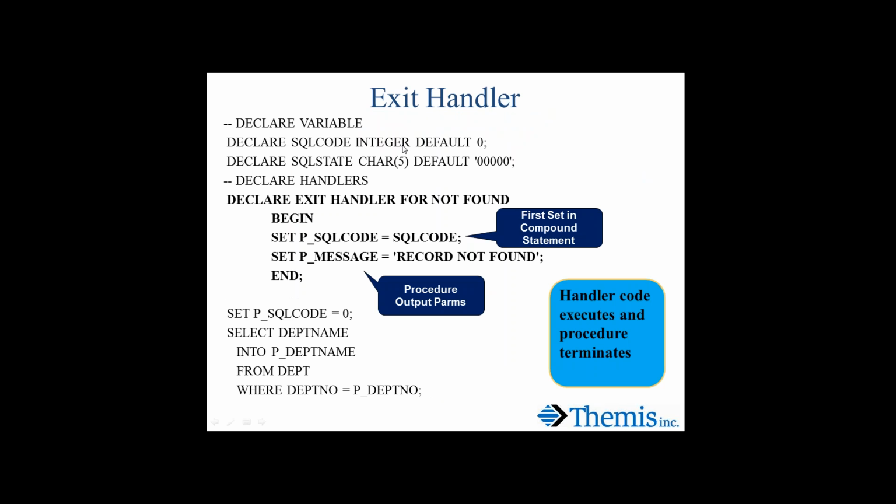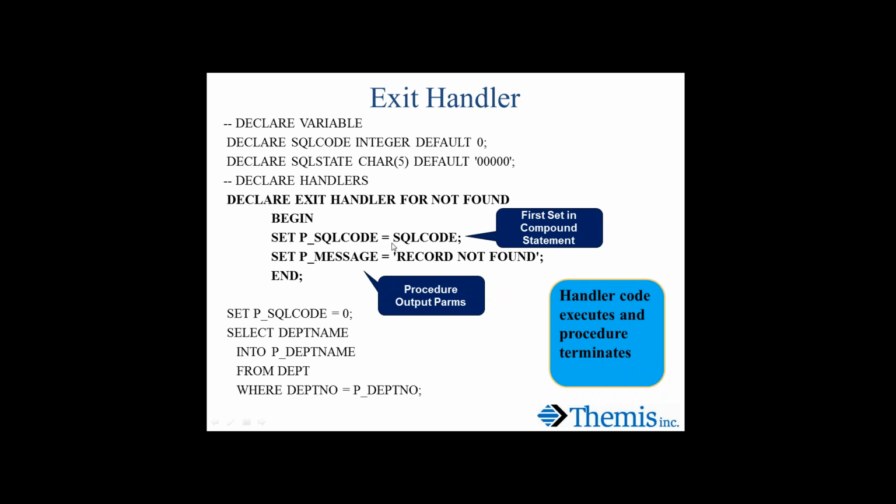Now, your exit handlers. First thing you need to do is make sure that you declare your SQL code and your SQL state. Then you'll declare your handler. This happens to be an exit handler, which means that if the SQL statement gets a +100, which is your not found condition, SQL code, then we're going to fire this handler logic.